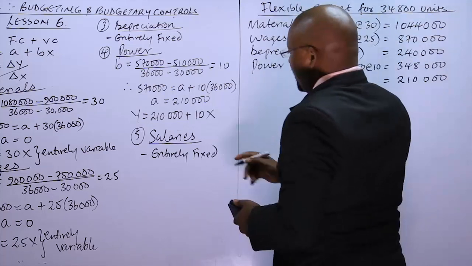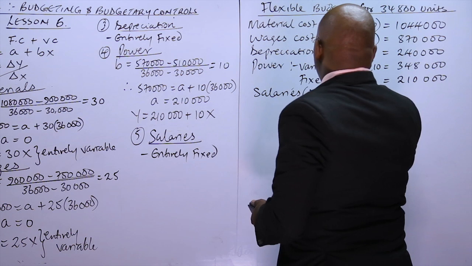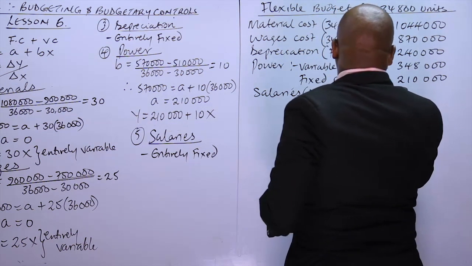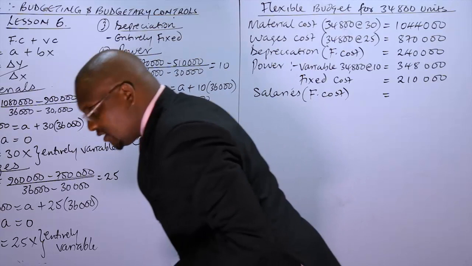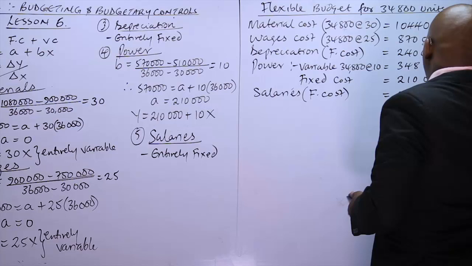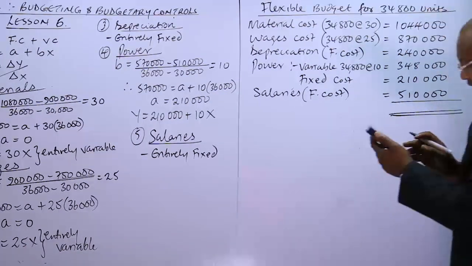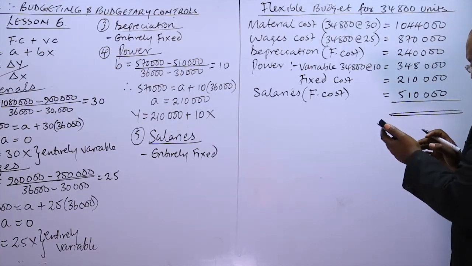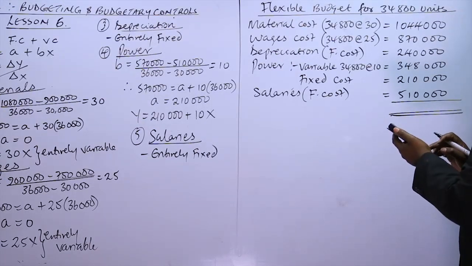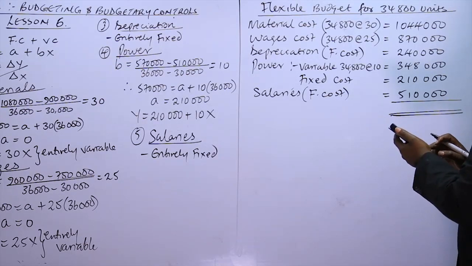Then lastly, we have the salaries. Salaries also is a fixed cost. It shall remain at 510. And therefore, coming up with the cost of 34,800 units, we need to add: 1,044 plus 870 plus 240 plus 348 plus 210 plus 510.